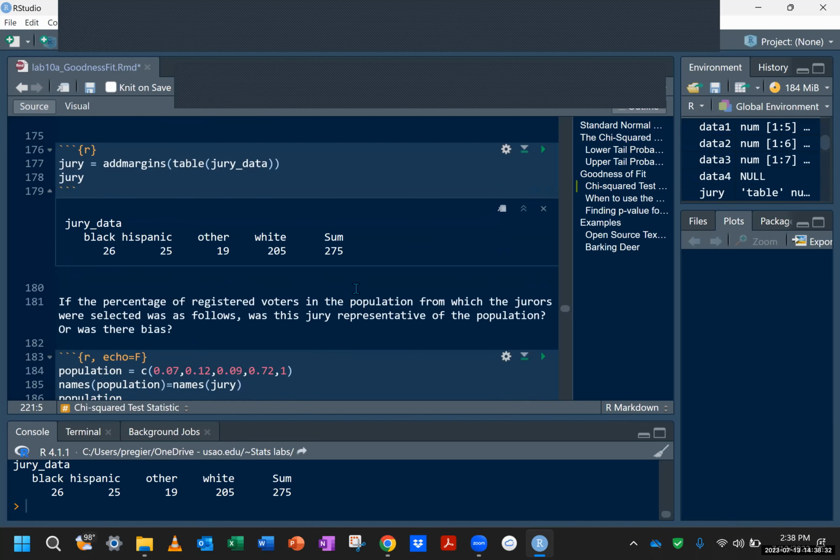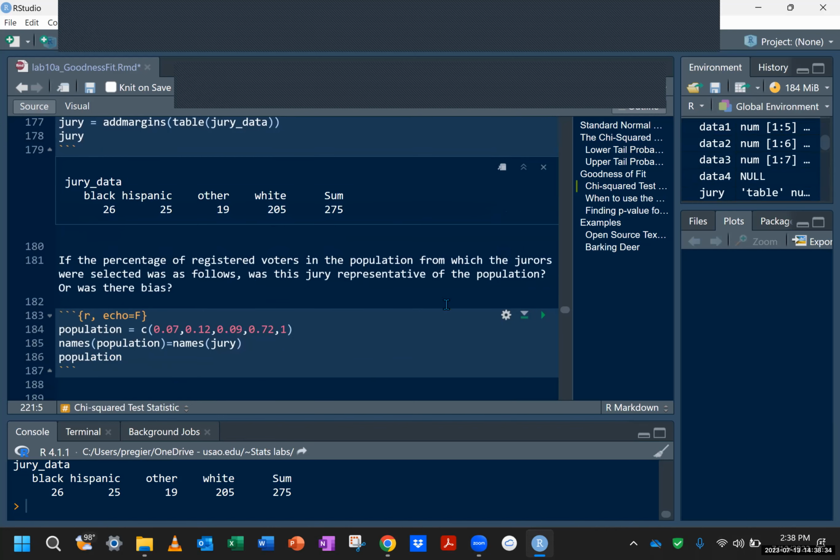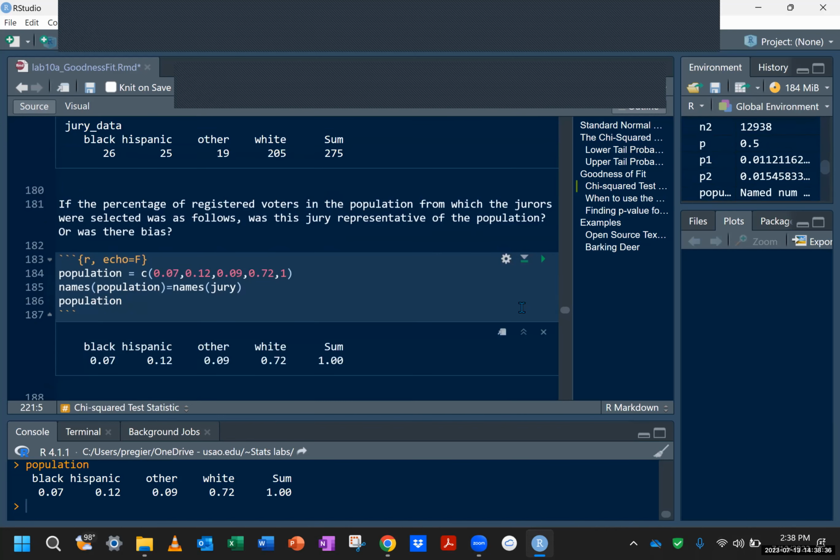And now let's do some studying. What is the population of the area actually? So the population, this code says, hey, 7% are black, 12% Hispanic, 9% other, 72% white. That accounts for all the population. Is this jury here representative of my population?